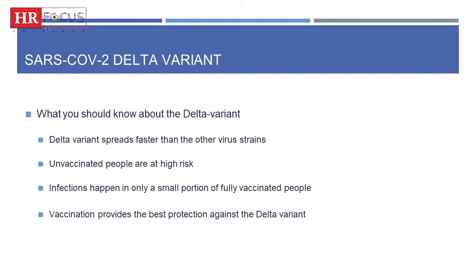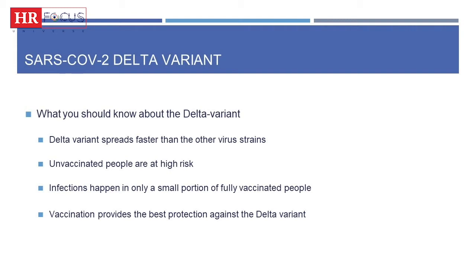The infections also would occur in small populations, which may also be fully vaccinated. So despite being fully vaccinated, you've gotten your first and second doses of Pfizer vaccine, AstraZeneca, and then Moderna, or you've gotten your one dose of Johnson & Johnson, there's still a small chance that you could still be infected with the Delta variant.